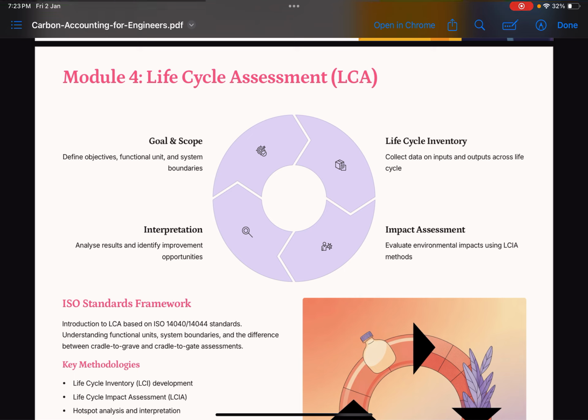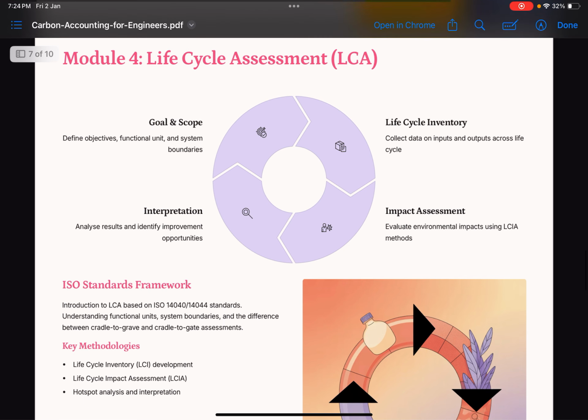That is, the data would be interpreted. So we would be looking into the key methodologies, that is life cycle inventory development, life cycle impact assessment, and hotspot analysis and interpretation. So that would be module 4. It would be basically a comprehensive evaluation of the emissions.